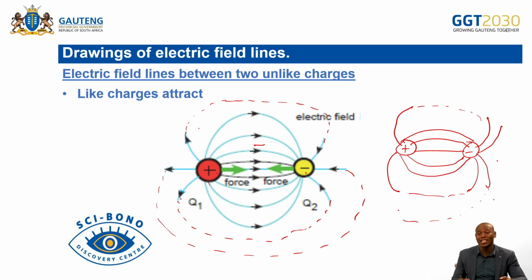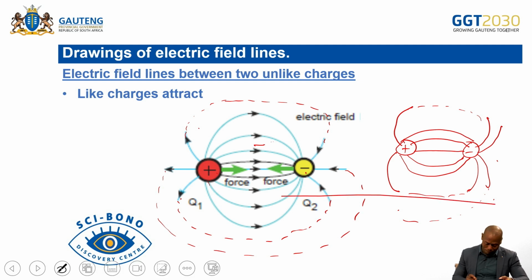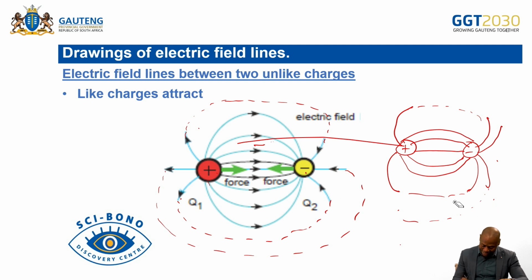What is the meaning of this? It means that your charges here, they are not identical. So check your exam guideline. Here we deal with identical charges. So if you do something like this, actually we should penalize you. So please make sure that we don't draw something like this. Although you'll get a mark for the shape, a mark for the direction and all that, but you shouldn't actually get a mark for the whole thing, right? Why?